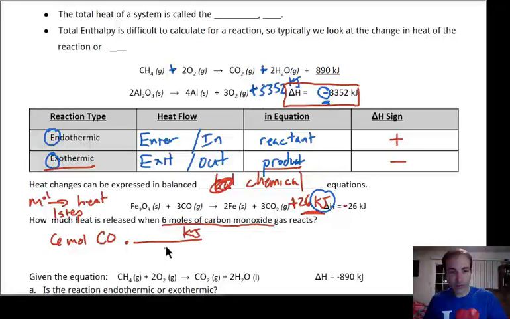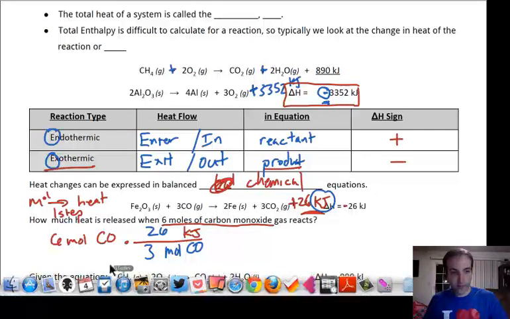Okay, and then we need to fill in the bottom here. Well, we need these moles to cancel out, so we're going to put moles, and the substance is carbon monoxide. And then to figure out the numbers here, we go to the balanced equation. So for kilojoules, the number is 26, and for moles of carbon monoxide, the coefficient is 3. So we plug that in.